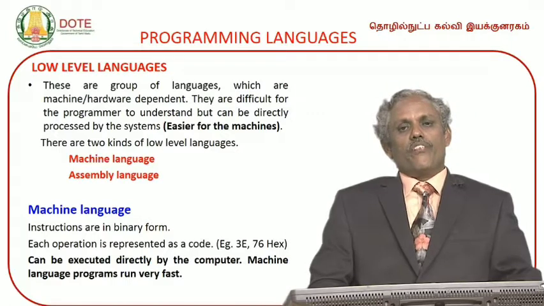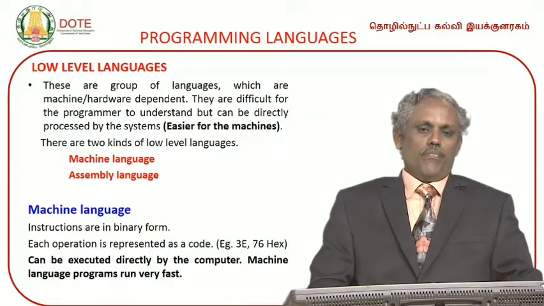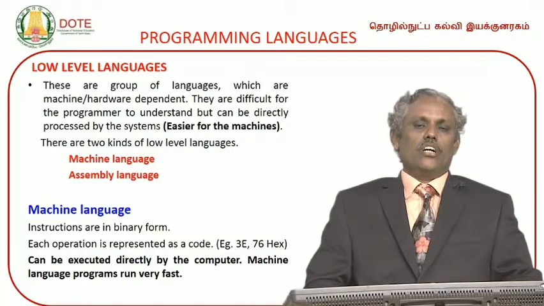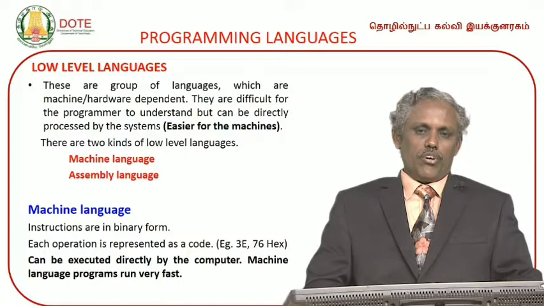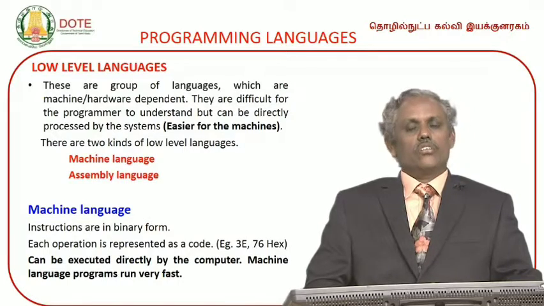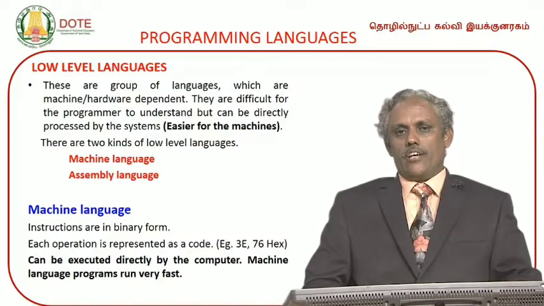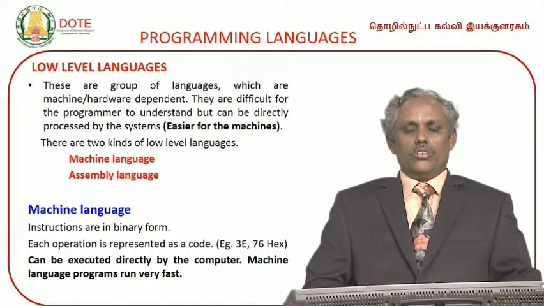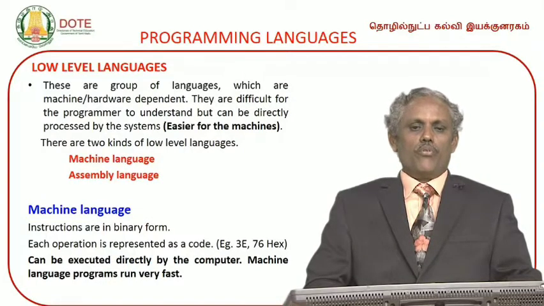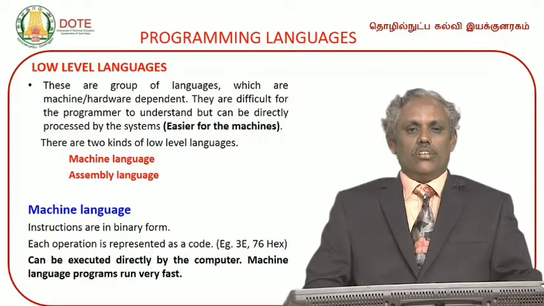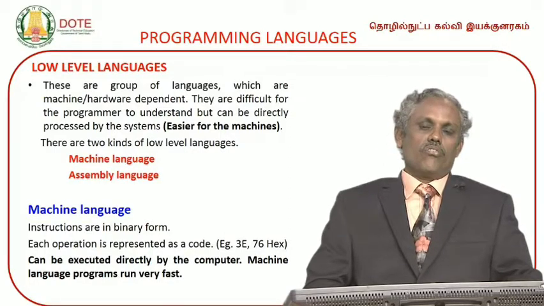The simplified form of binary numbers is hexadecimal, like 3E76 are the instructions in the microprocessor which are given in a hexadecimal format, which denotes some instructions like halt instruction. They can be understood by the machine directly. So, they can be executed directly by the computer. They run very fast. So, low level languages are faster.